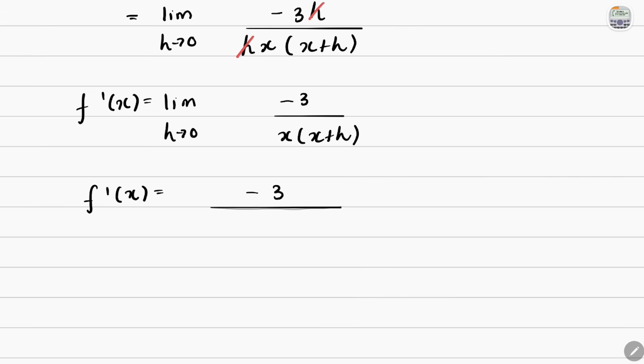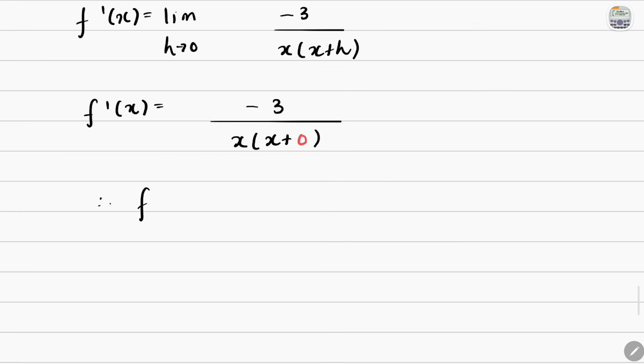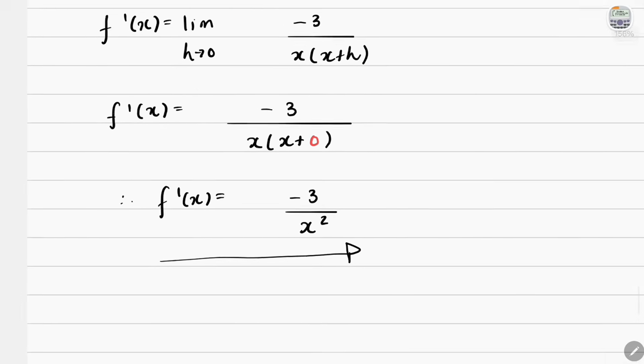So negative 3 over x multiplied by x plus, and now this is 0. Okay, and finally, f prime of x is equal to negative 3 over, we know that that just gives us x because it's plus 0. x times x is x squared. And that is our answer.